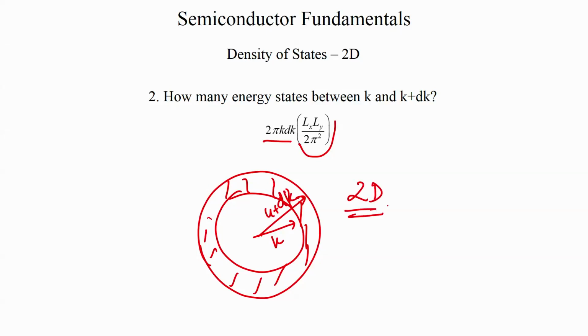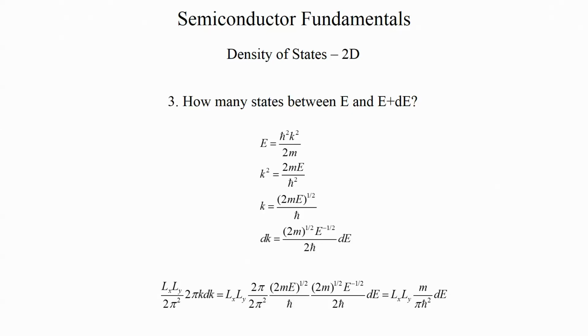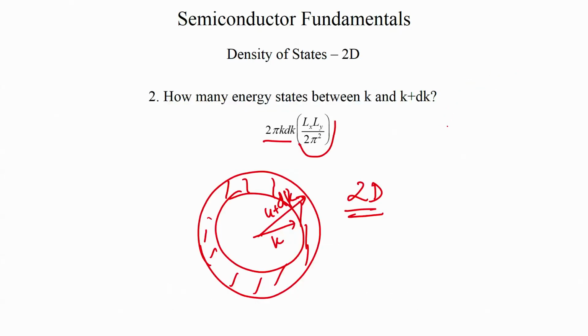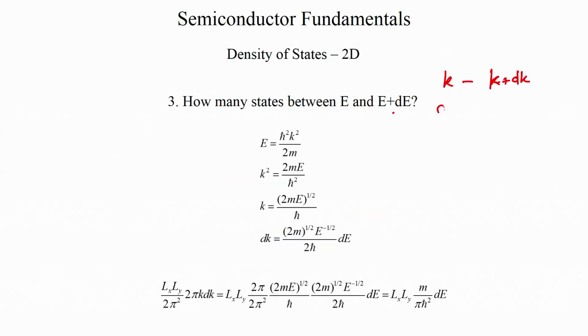So what is the next step? The next step is to convert this all to energy. So the next question is, how many states exist between E and E plus dE? We know that between K and K plus dk we have 2 pi k dk Lx Ly by 2 pi square states.